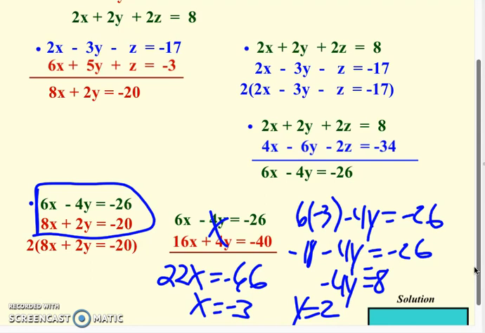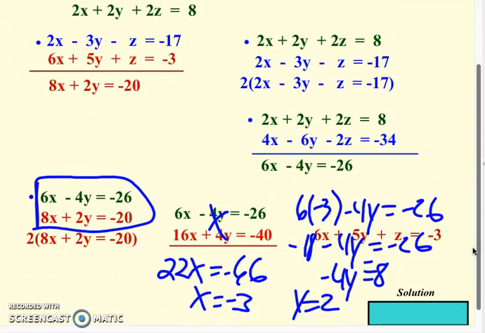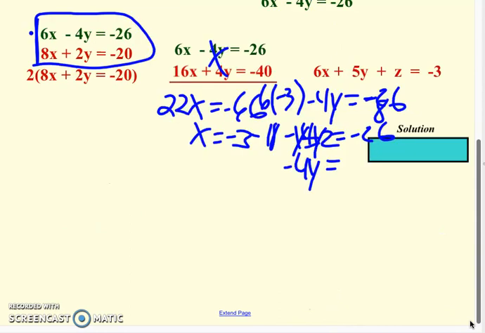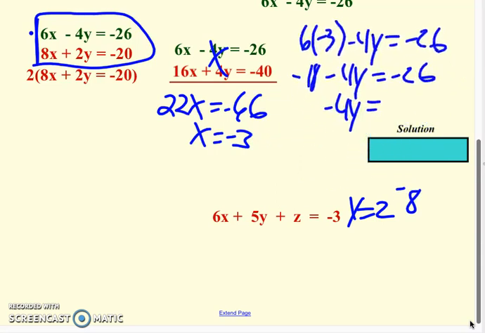Take those and plug those two back in any one of the three original equations. It doesn't really make a difference which one you pick. Let's say I go with the red. So I just got to reorganize a little bit for you guys here quick.